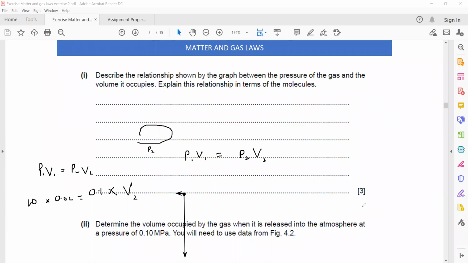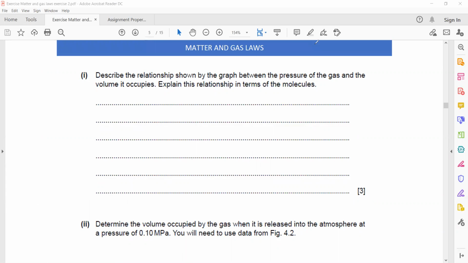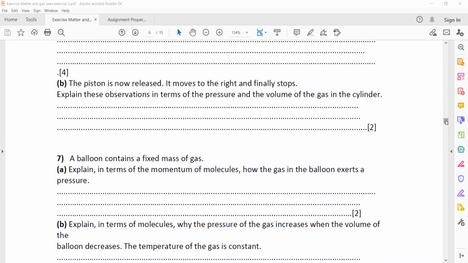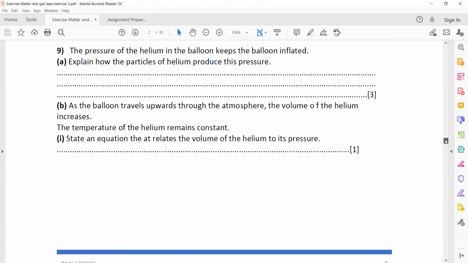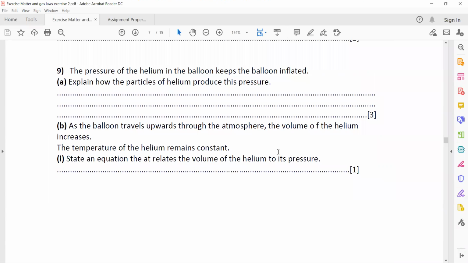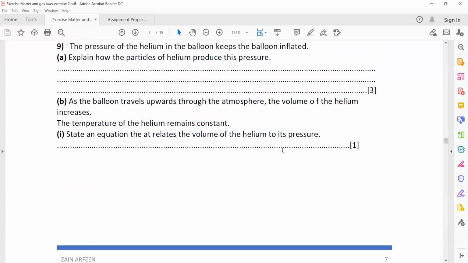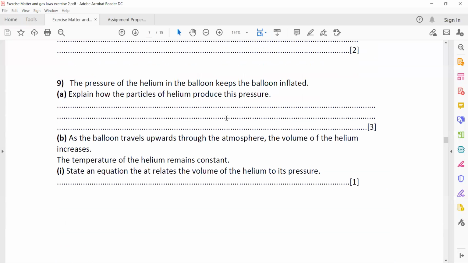Question 9. As a balloon travels upward through the atmosphere, the volume of the helium increases.